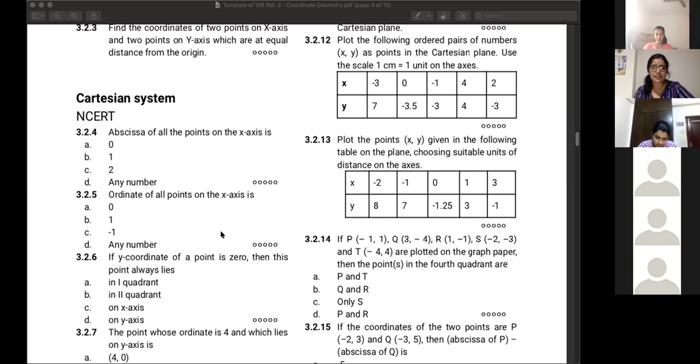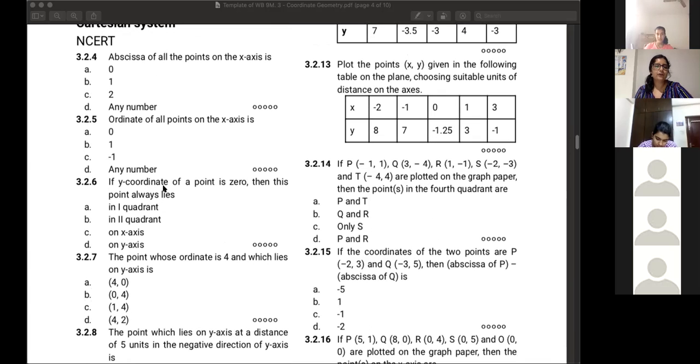Okay, next, Ashka. If the y coordinate of a point is 0, then this point always lies where? Quadrant, axis, given options. Yeah, Samriddhi got it. You are given that the y coordinate is 0, so where will it be?